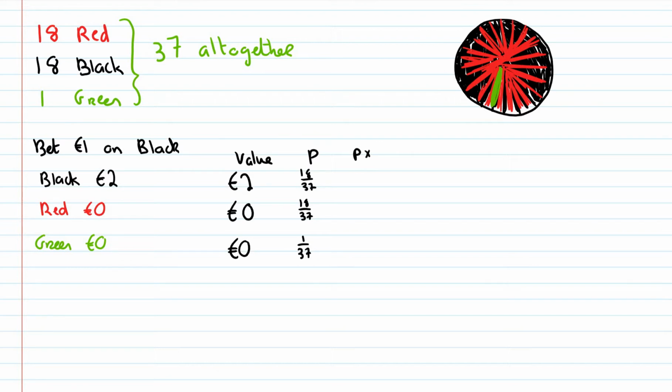The probability multiplied by the value, or the value multiplied by the probability. Well, this is easy. This is 0, and this is 0. And this here then is not quite €1. It's 97 and a bit cent.